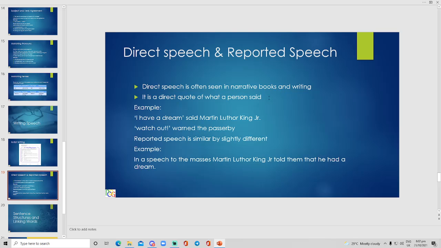So if a reporter was doing a press review about Martin Luther King's speech, the reporter would word it this way rather than saying, "I have a dream," said Martin Luther King. You don't usually say direct speech, you usually read direct speech. So reported speech is usually said. So in a speech to the masses, Martin Luther King Jr. told them he had a dream. That's more than likely what a reporter would say, rather than "I have a dream," said Martin Luther King. Alright?